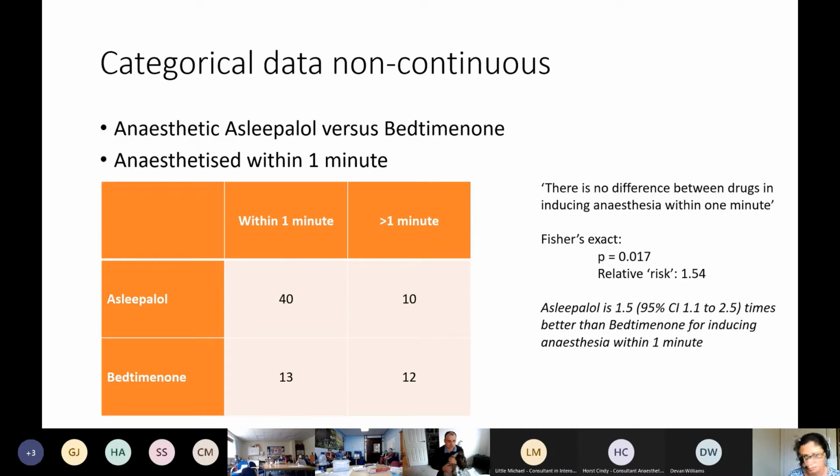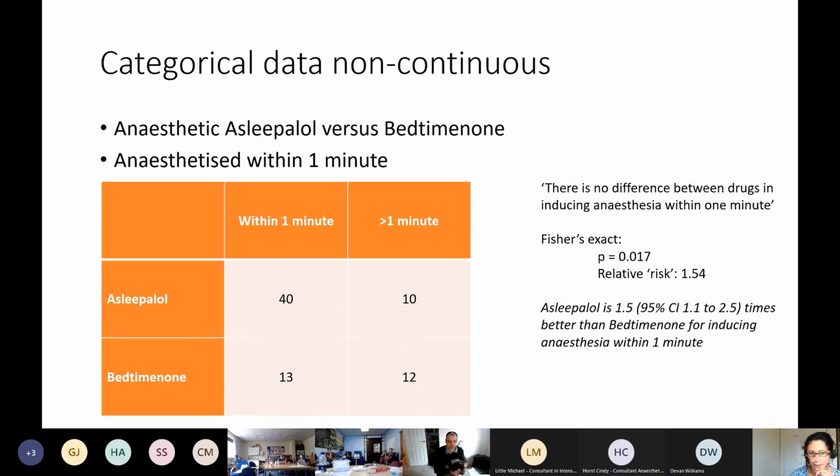And like all tests, you would do a null hypothesis. The null hypothesis being there is no difference between drugs in inducing anaesthesia within 1 minute. And then you do a test. Generally it's chi-squared, or for small numbers and 2x2 tables, we tend to use Fisher's exact, which is very similar. And you get a p-value, but you also get something called relative risk, which again is something for another talk.